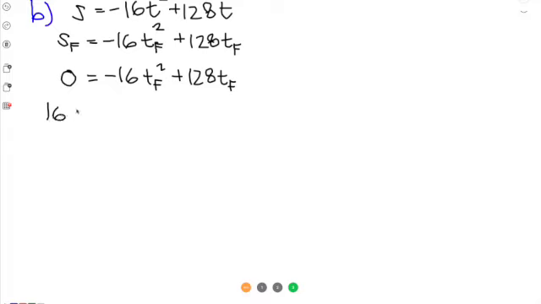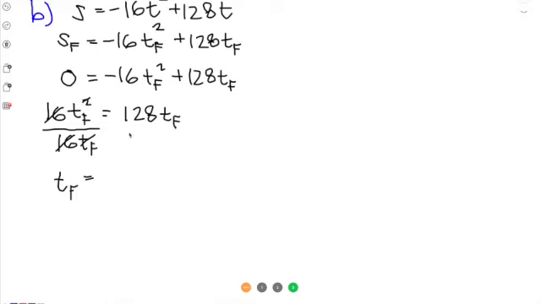That would be 16 tf squared is equal to 128 tf. So we can find the value of tf by dividing both sides by 16 tf. So for this one, the 16 will be cancelled, 1t will be cancelled, and what is left is tf.